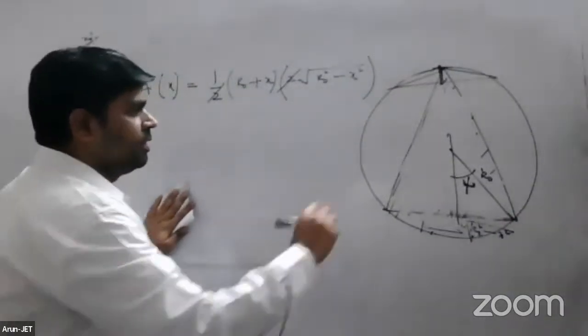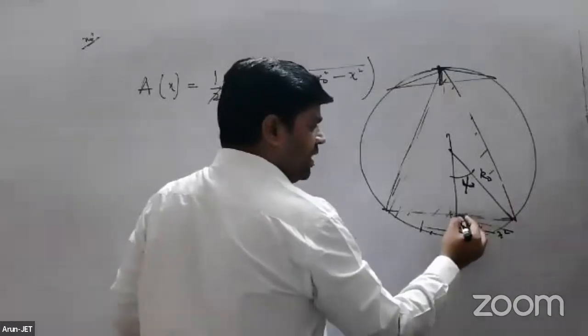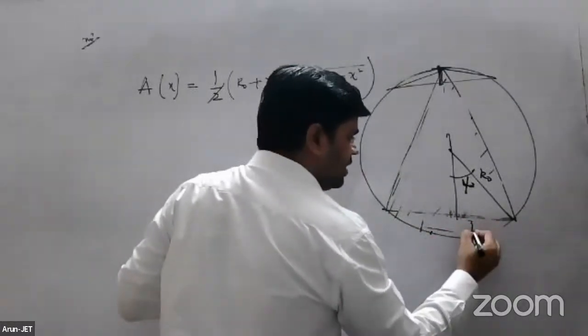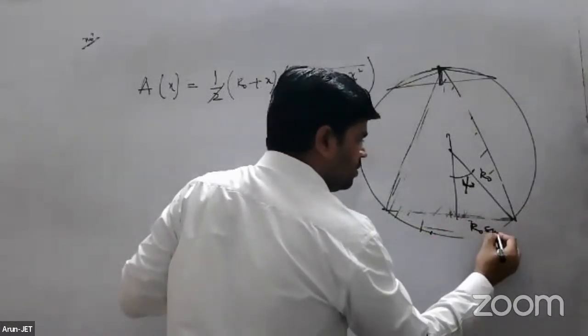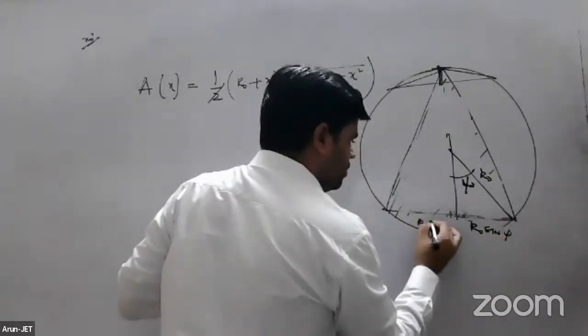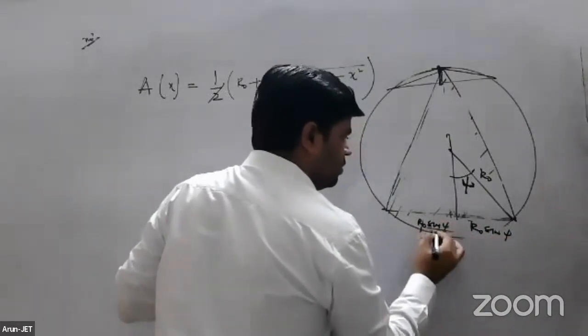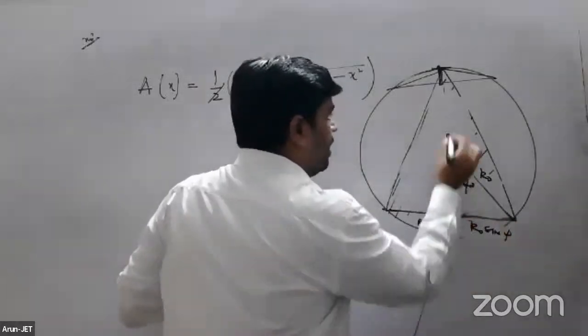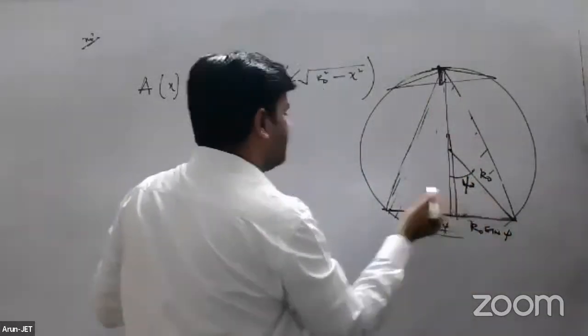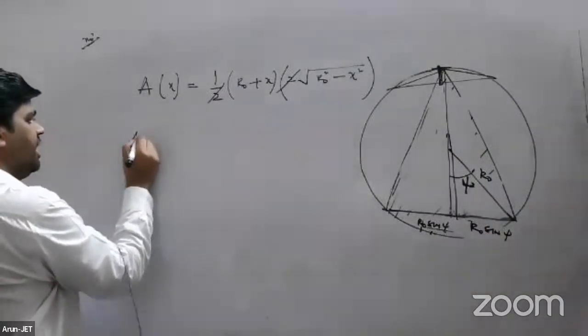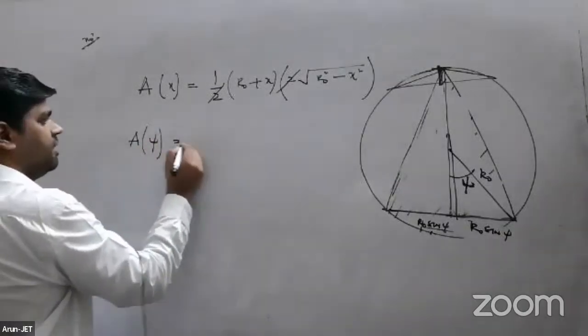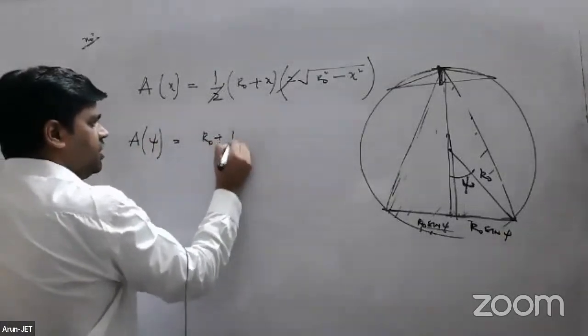So how do I write that? Half times base into height. Base is r sin psi, and height is r plus r cos psi. So area as a function of psi is r plus r cos psi.